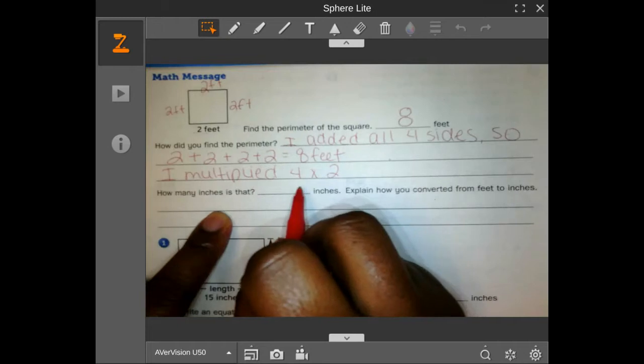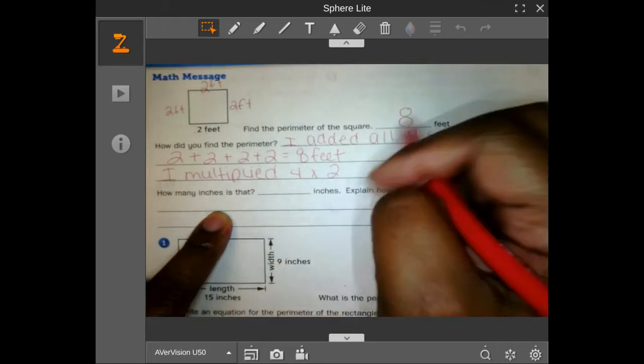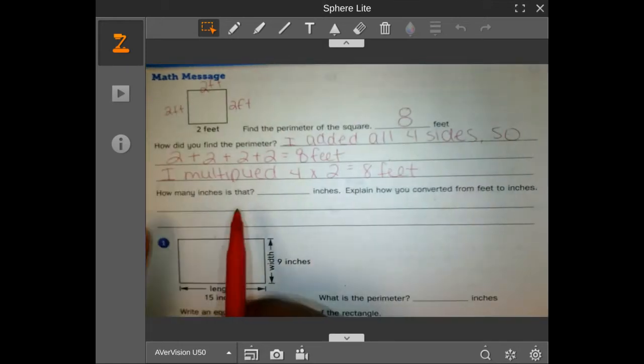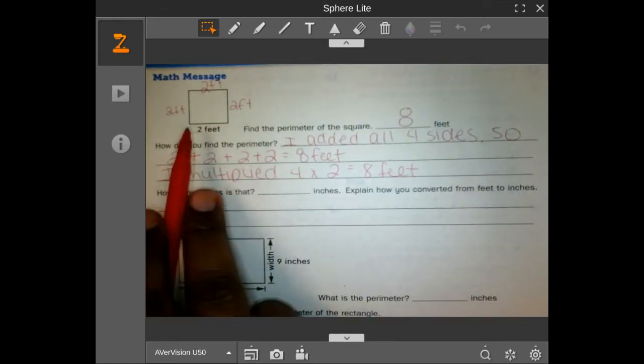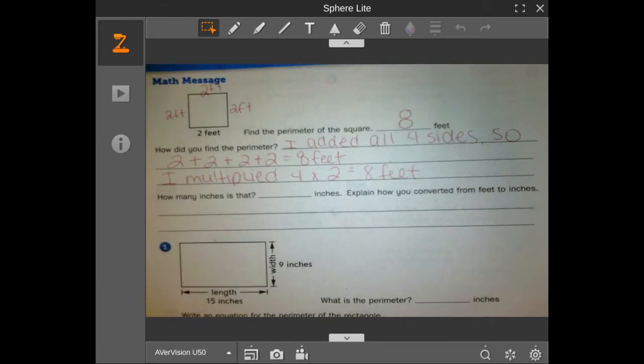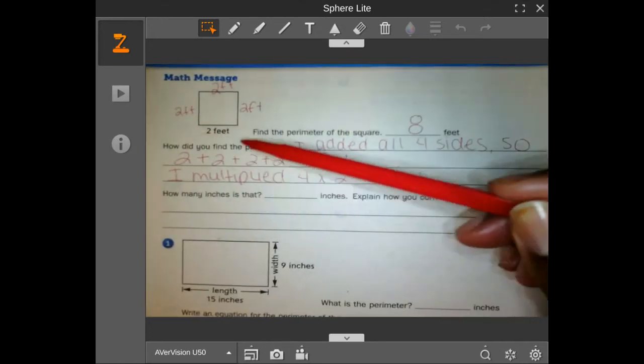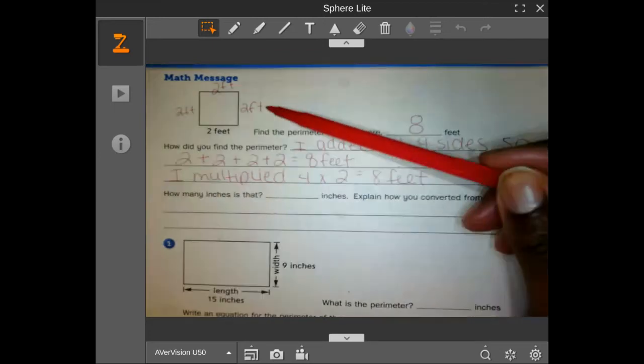I multiplied 4 times 2 equals 8 feet. How did you solve this problem? How did you find the perimeter? Did you add all 4 sides, or did you multiply 4, because I have 4 sides, by 2?